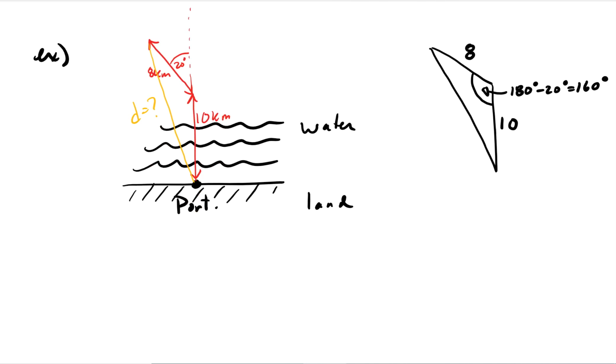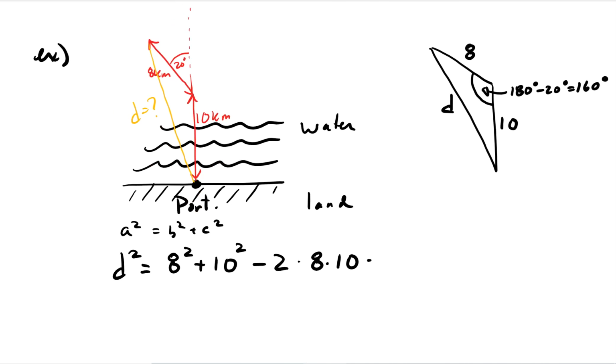So D, that we don't know, D squared is 8 squared plus 10 squared minus twice 8 times 10. So essentially I'm applying a squared equals b squared plus c squared minus 2bc cos theta.